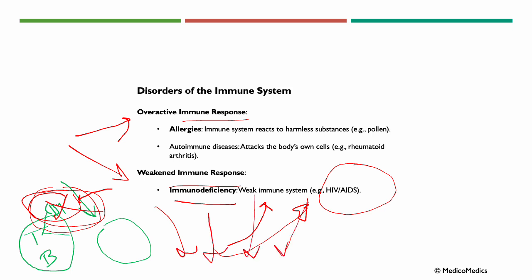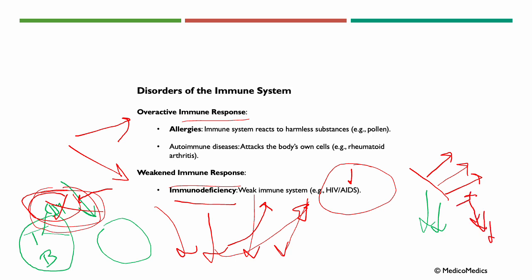And over time, when we say the patient has developed AIDS, it is that otherwise non-dangerous pathogens that our immune system normally is able to control and repel, because of the loss of these immune cells, over time, this ability to repel goes down.